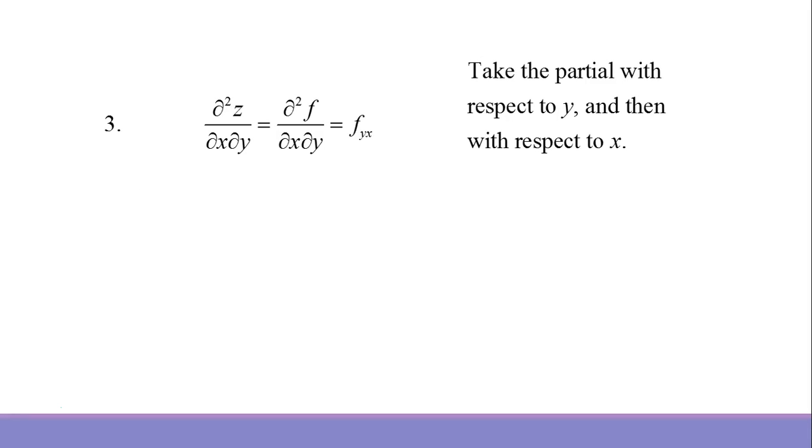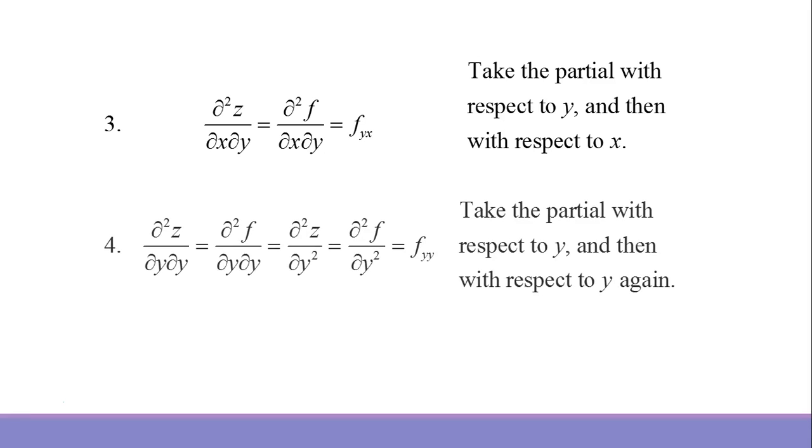All of these notations mean that we're taking a partial derivative with respect to y, and then taking a partial derivative of that derivative with respect to x. And finally, we could take a partial derivative with respect to y, and then take a derivative of that partial derivative with respect to y again.